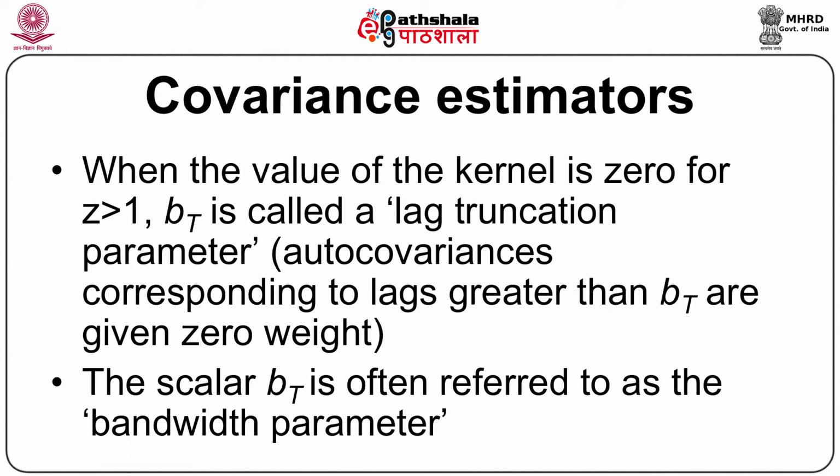Now, when the value of the kernel is 0 for z greater than 1, Bt is called the lag truncation parameter. Autocovariances corresponding to lags greater than Bt are given 0 weight. The scalar Bt is often referred to as the bandwidth parameter. So, Bt is basically the lag truncation parameter, and autocovariances corresponding to lags greater than Bt are given 0 weight.